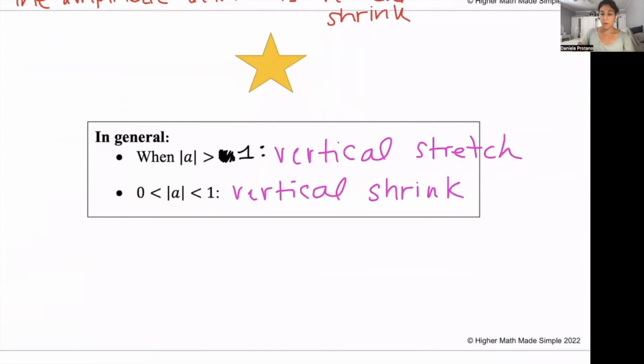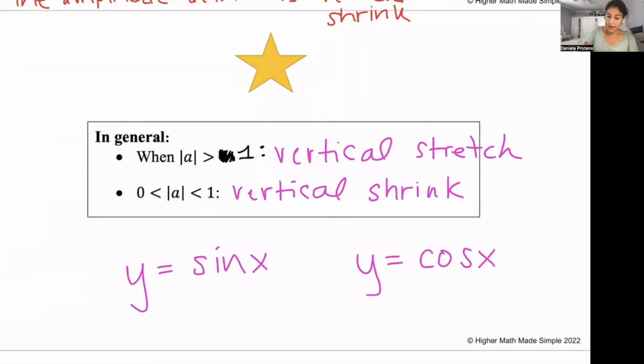And keep in mind, why are we comparing it to the value 1? It's because if we look at the parent functions, sine or cosine of x, right, the A value is going to be 1. And so that's why we have it to compare it to. So if the A value is a number that's not positive 1, or the amplitude is not 1, then we can determine what the transformation is going to be. Now, keep in mind, why are we talking about only the positive A values, right?